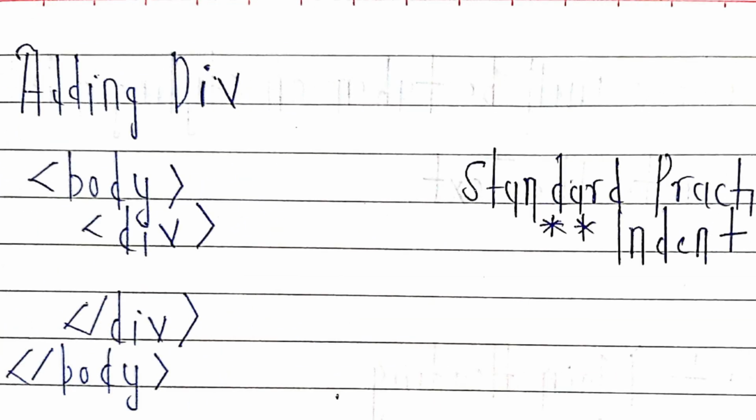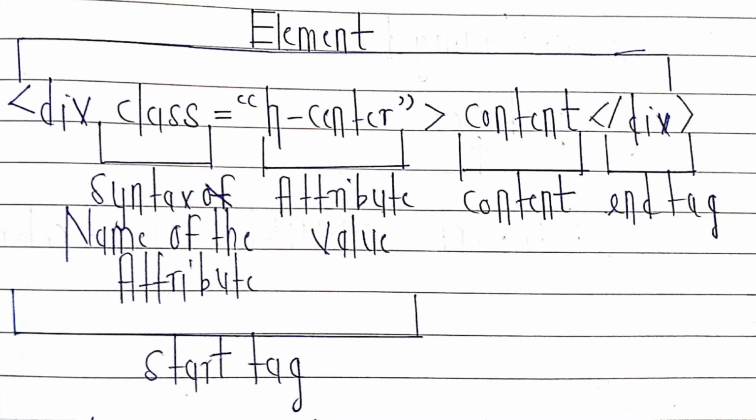Adding a div element. Now let's talk about using the div tag inside the body of our HTML document. The div tag is a generic container. We use it to group other elements and apply styles or layouts.